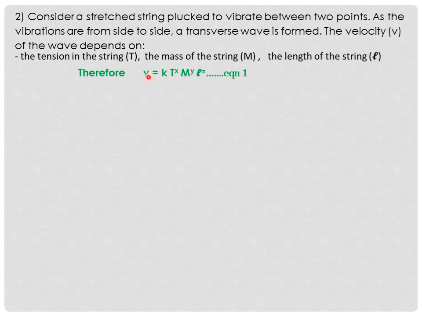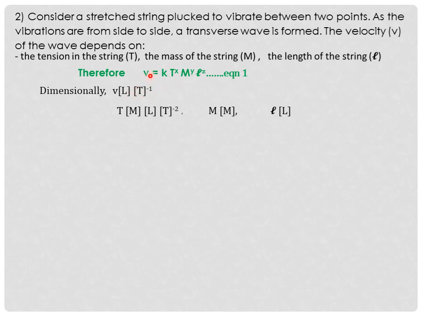Now, therefore, the speed is equal to k times tension to the power x, mass to the power y, and length to the power z. That's equation 1. So dimensionally, we want to now go again by dimension.